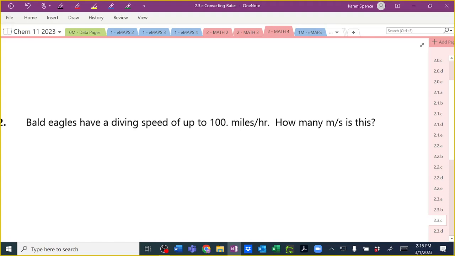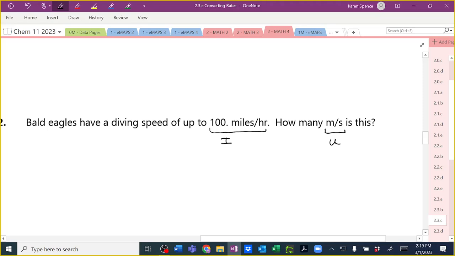Yes. That is also good. So let's do that, but then there's another thing that we need as well. Okay. So we have 100 miles per hour. That is the initial. And our unknown is the meters per second. But there was something else that I was thinking of as well.